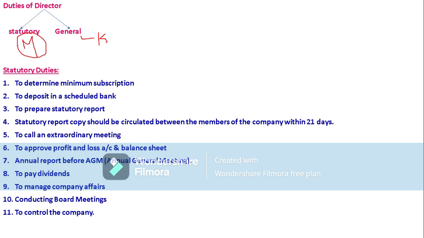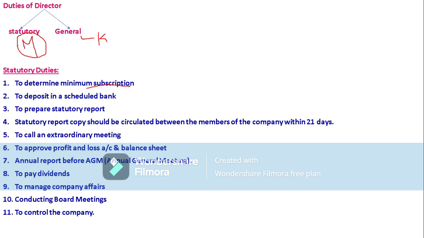According to the Companies Act, the board of directors are entitled to do these duties. So they can exercise powers by implementing these duties. Statutory duties mean to determine minimum subscription.